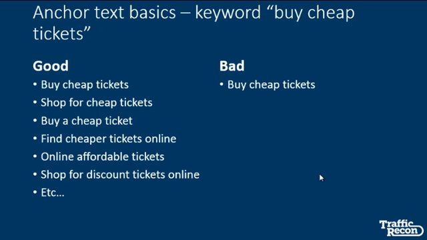That's the important aspect of natural looking anchor text: I may call them affordable, you may call them cheap, somebody else may call them discounts, but that's all saying buy cheap tickets. Google's going to make that connection and consider that towards the term buy cheap tickets.